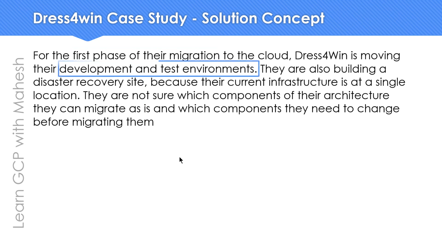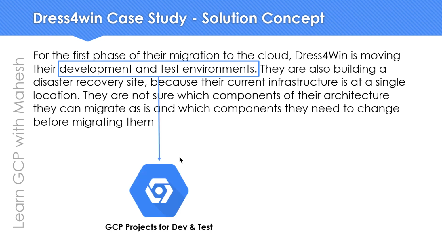And in the first phase, what they are trying to move is development and test environment, which is really a good option, I would say, because always start with a non-production environment. So what does this translate to in GCP? This is nothing but GCP's project. So you create a project for development, you create a project for test environment.